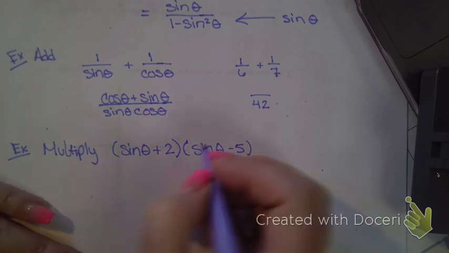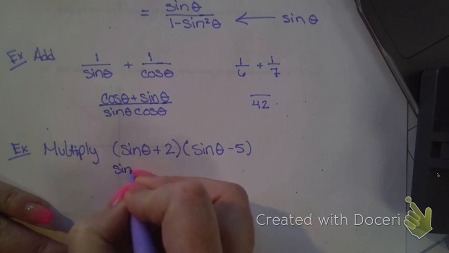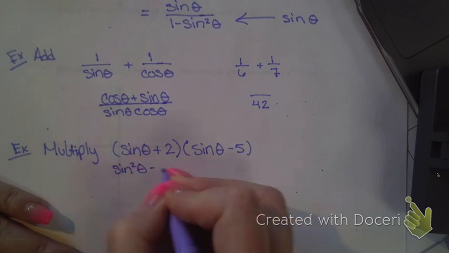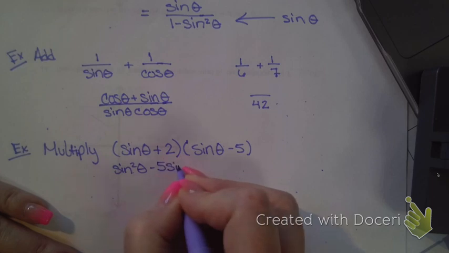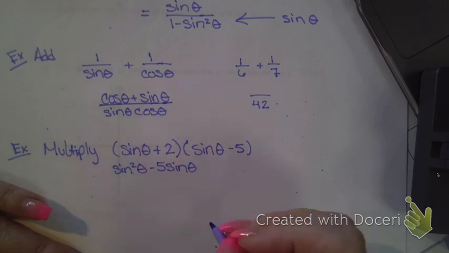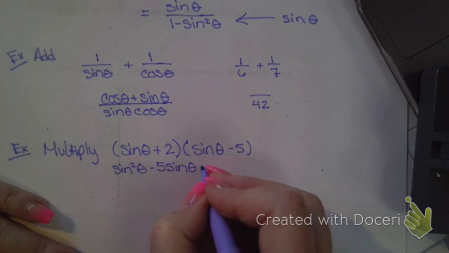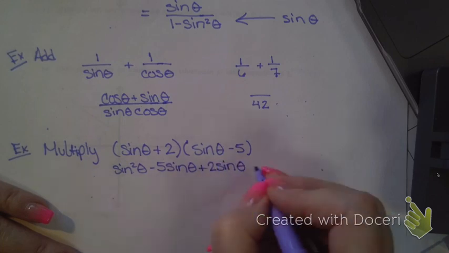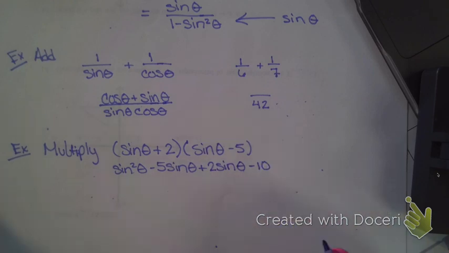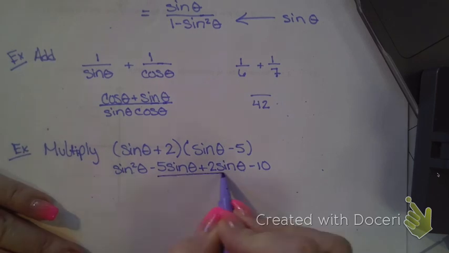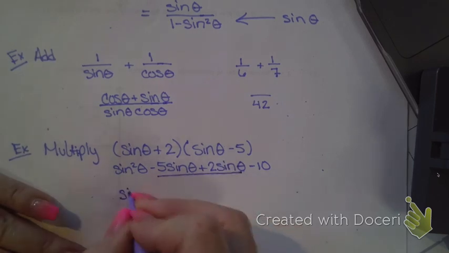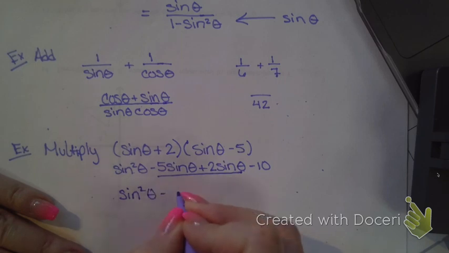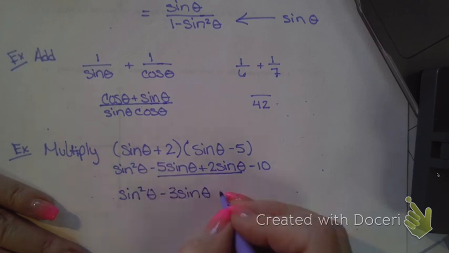So I'm going to have sine squared minus 5 sine. Then what? So it's 2 sine minus 2. And then I'm going to combine like terms, right? So I'm sine squared minus 3 sine minus 10.